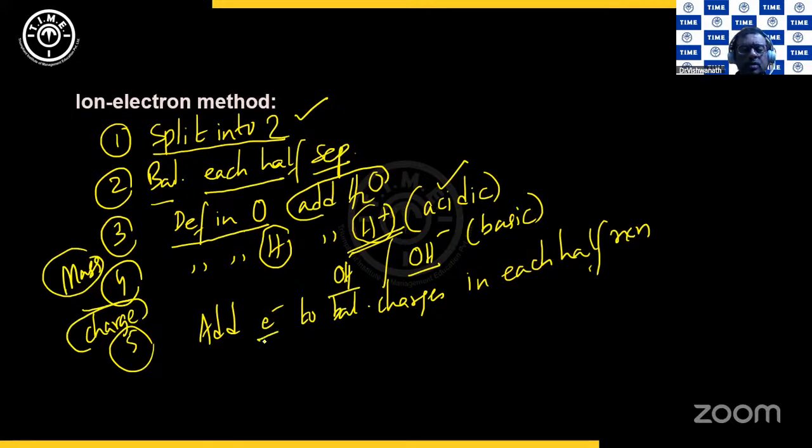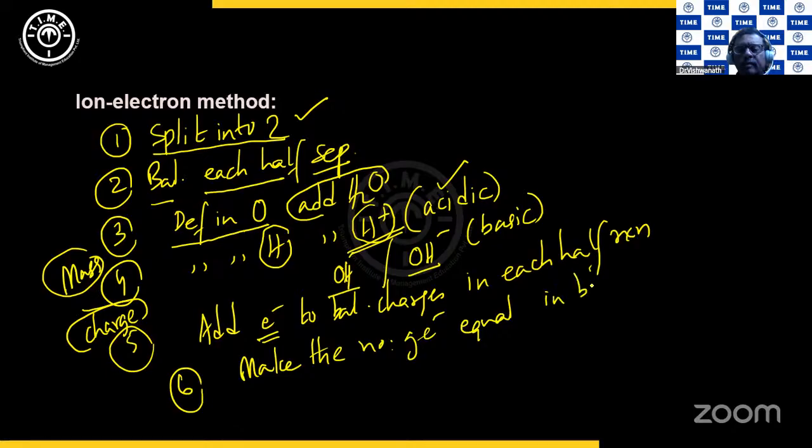For charge balance, you're using what? Electrons, right? And then make the number of electrons equal in both the half reactions. And finally, what?